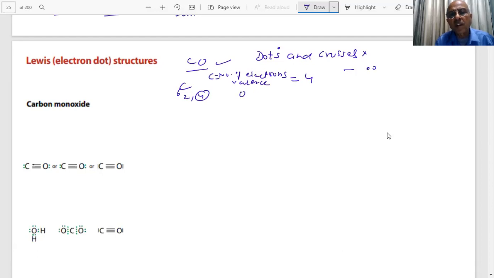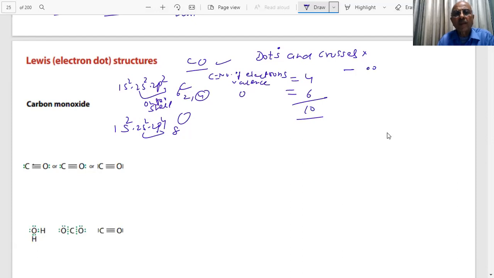What is oxygen? Carbon is 1s2, 2s2, 2p2. This is the outermost shell, 2 plus 2, 4. Oxygen, atomic number is 8. 1s2, 2s2, 2p4. How many valence electrons? 6. Total electrons 10 in carbon monoxide.